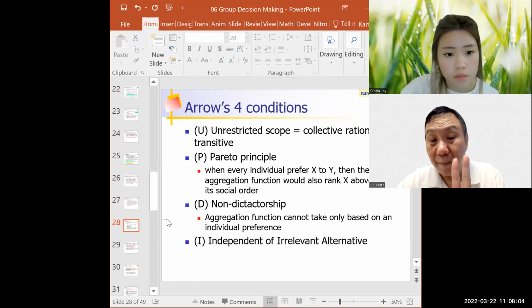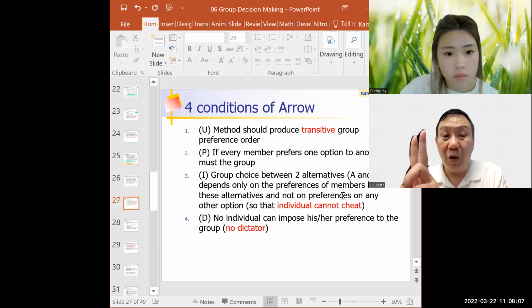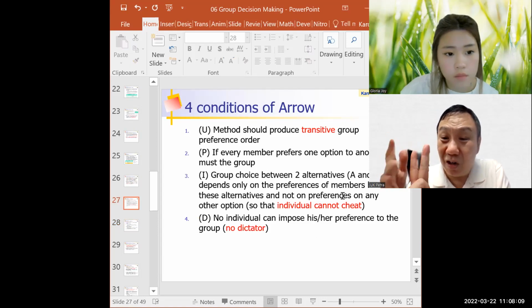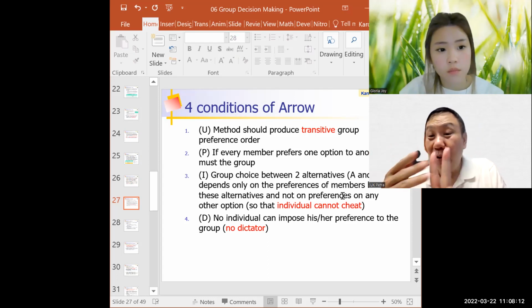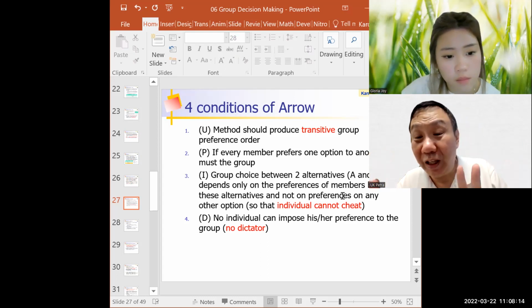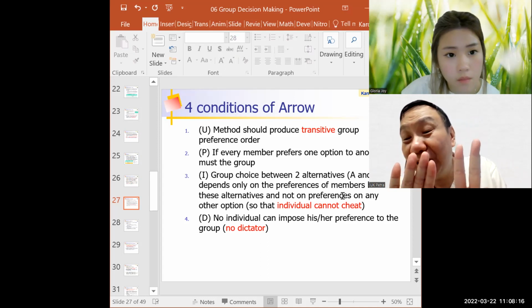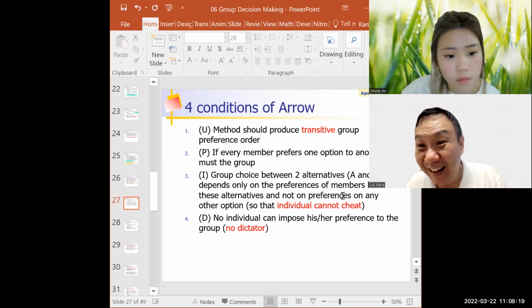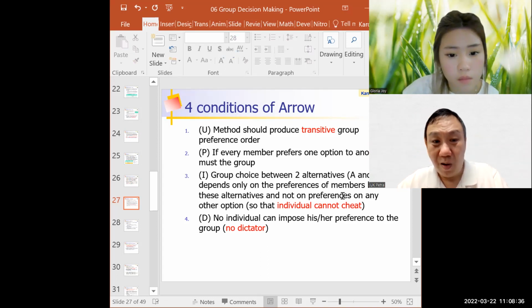So you cannot say, I have 2 choices, these are the 2 alternatives, and after voting, oh, I created a new alternative C. It's not allowed. In the beginning you have only three alternatives, then you vote for the three alternatives. You don't create or remove alternatives. That's the meaning of independence of irrelevant alternatives.